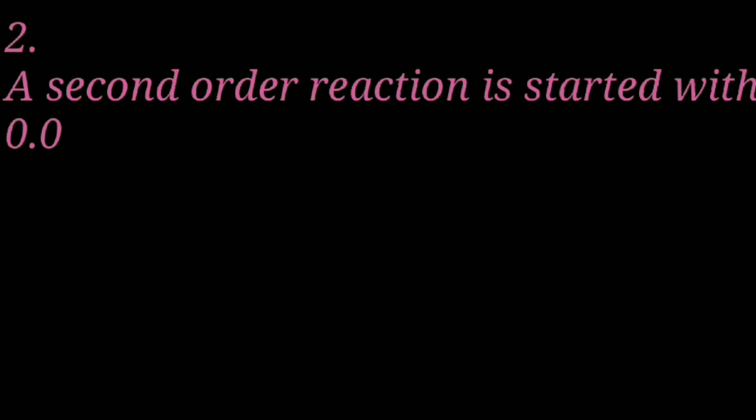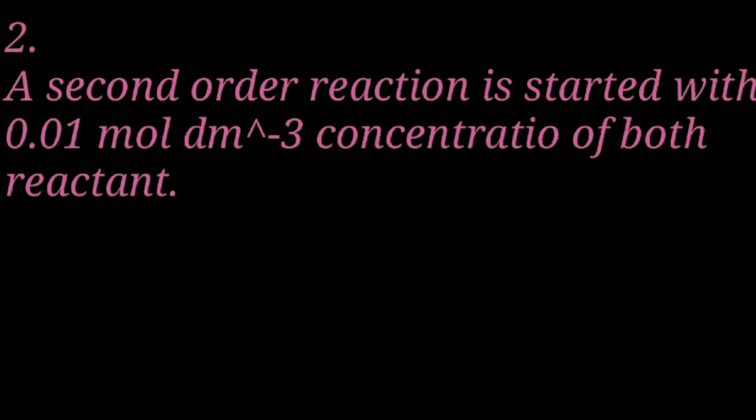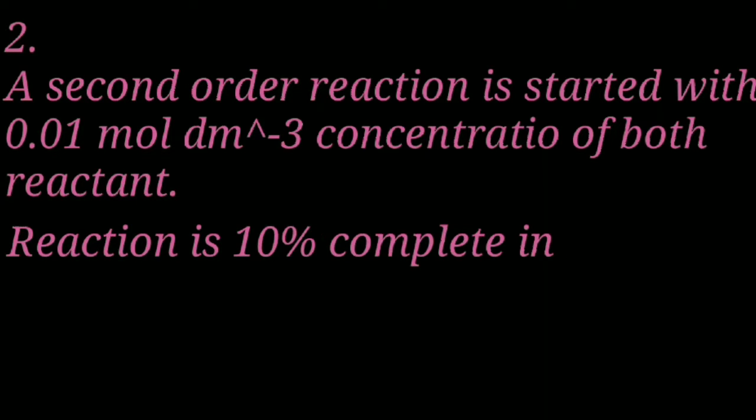A second order reaction is started with 0.01 moles per dm cube concentration of both the reactants. That is, initial concentration is given, small a equals 0.01 moles per dm cube, and it is 10% complete in 1800 seconds. So time is given as t equals 1800 and formation of product x equals 10%.